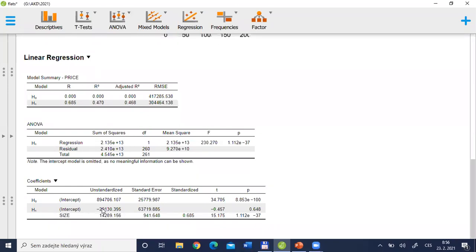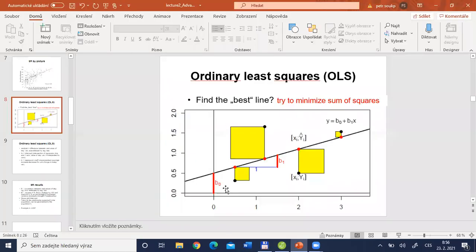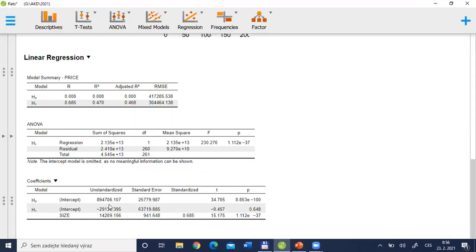So the intercept or constant here is minus 29,000 approximately Czech crowns. So what would be the meaning? It would mean that if I bought a flat with 0 square meters, I would receive 29,000. I expect that everybody would buy such a flat.